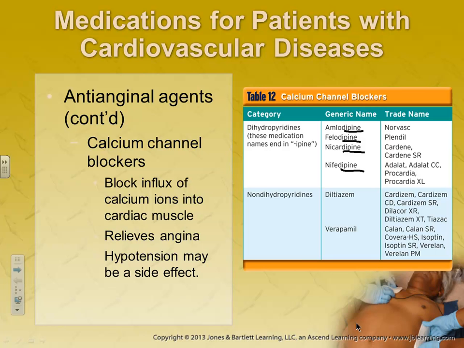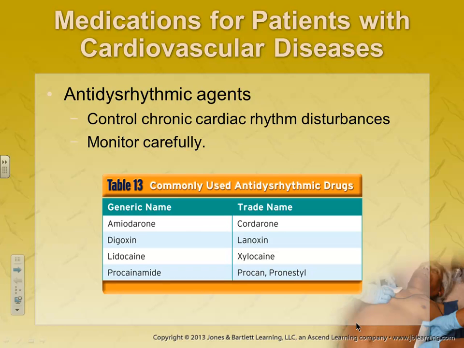That's why you've got so many different blood pressure medications. Not everybody can take a beta blocker and it bring their blood pressure down. Not everybody could take a calcium channel blocker and it bring their blood pressure down. All right. So those are just a couple of the anti-anginal and also antihypertensive meds.